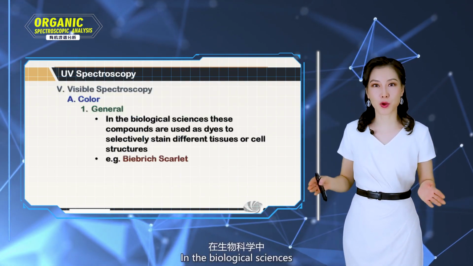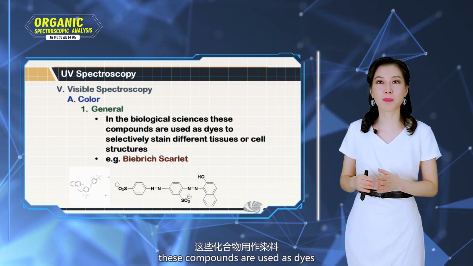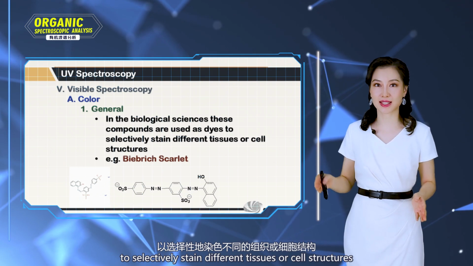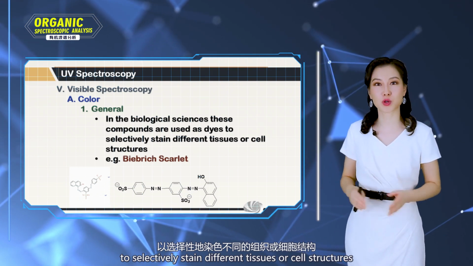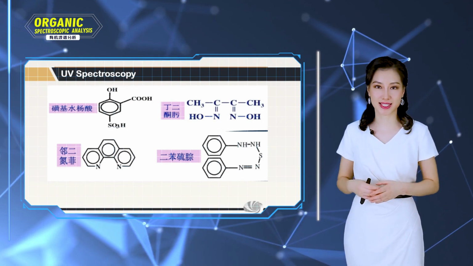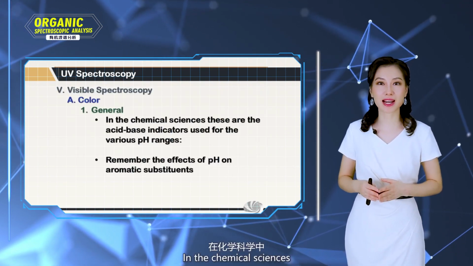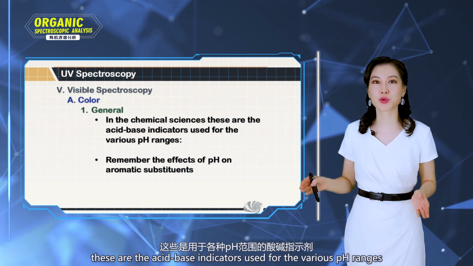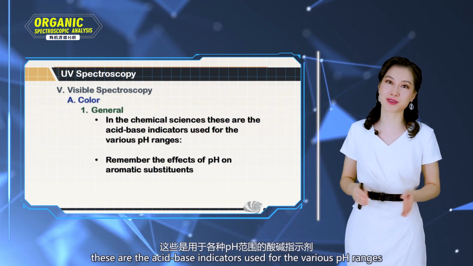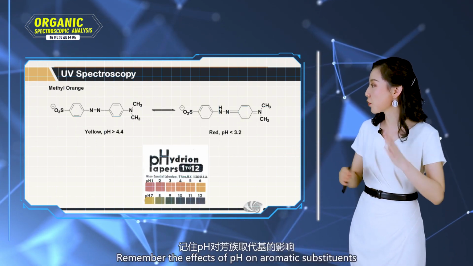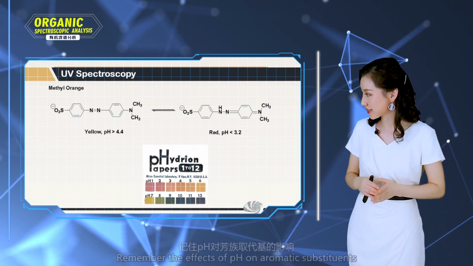In the biological sciences, these compounds are used as dyes to selectively stain different tissues or cell structures, for example Coomassie blue. In the chemical sciences, these are acid-base indicators used for various pH ranges. Remember the effects of pH on aromatic substituents.